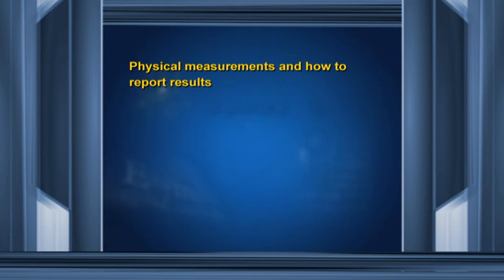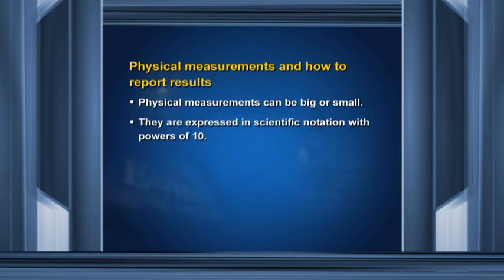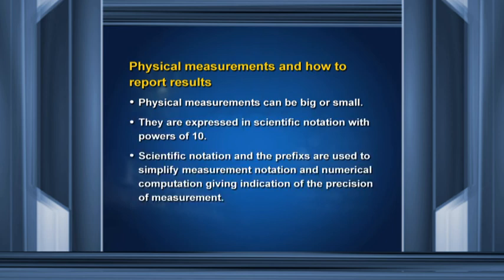Physical measurements and how to report results. Physical measurements can be big or small. They are expressed in scientific notation with powers of 10. Scientific notation and the prefixes are used to simplify measurement, notation and numerical computation, giving an indication of the precision of the measurement.